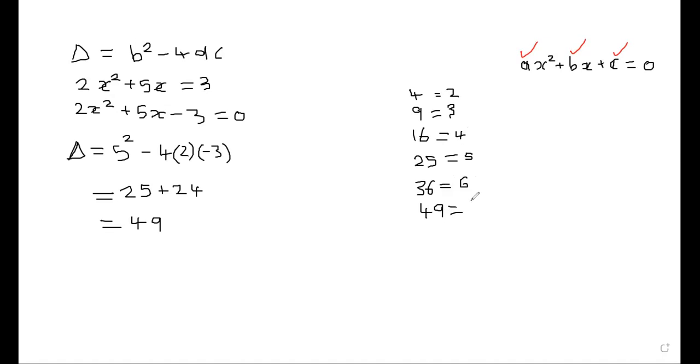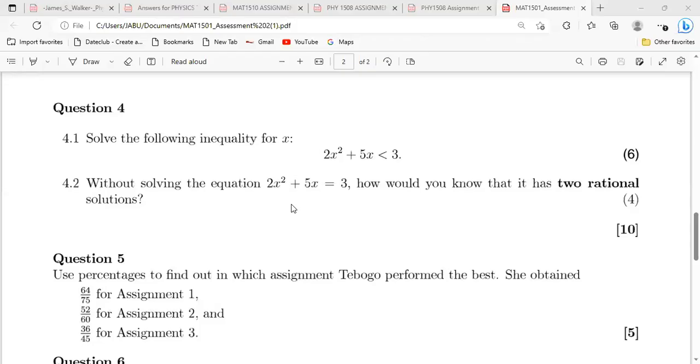Okay, so now that we've determined that this is a perfect square and it is positive, this means that we'll have 2 rational solutions. So we've answered the question. Okay, yeah, then we're done with question 4.